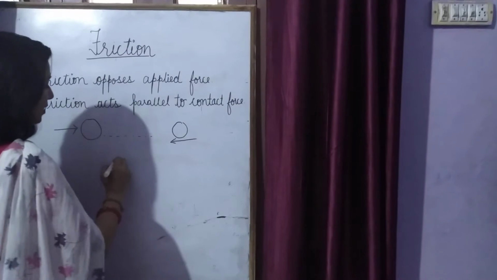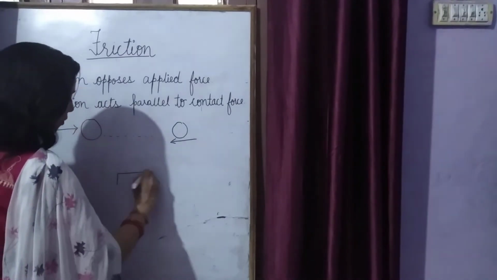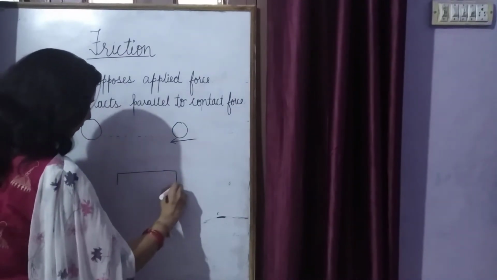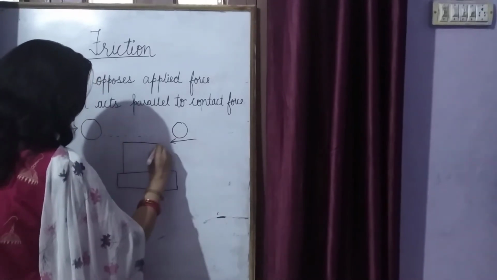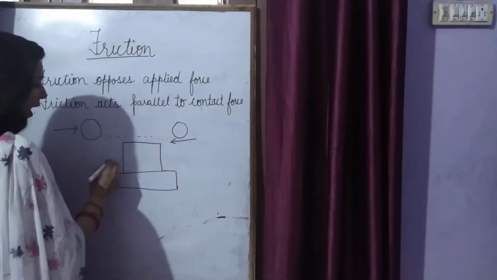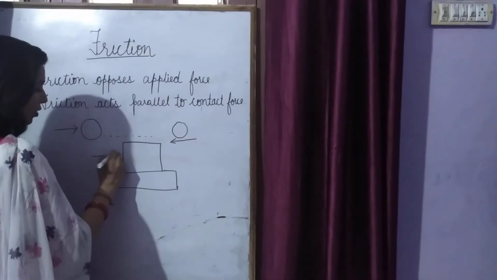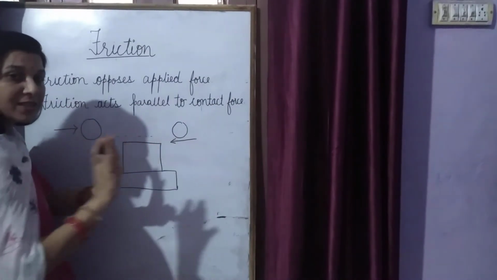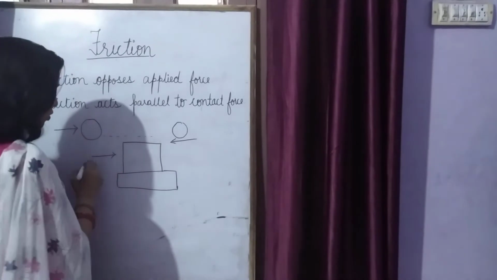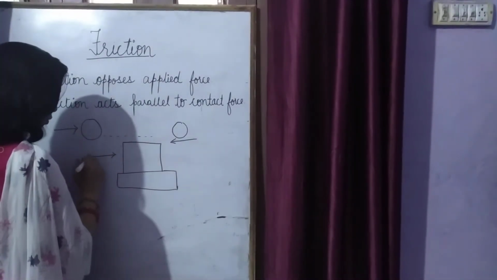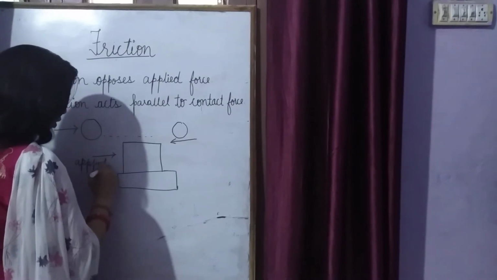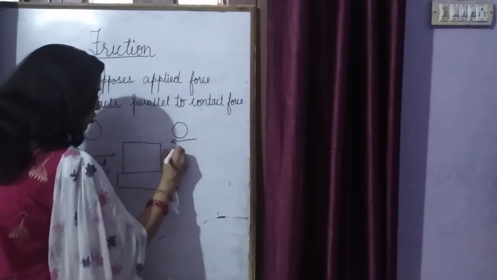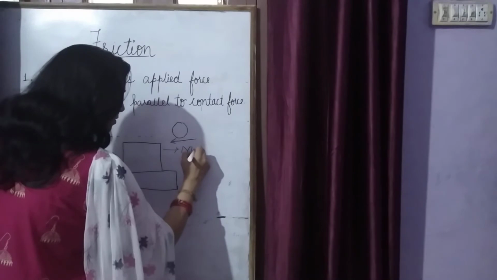For example, suppose some box is there, and you have applied some force to shift this box. This is your applied force, and the box will move in this direction, that is the motion of the box.